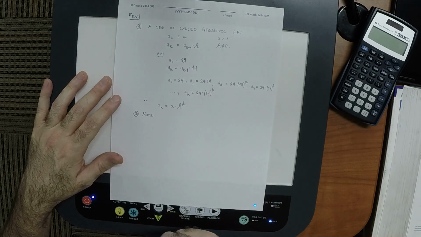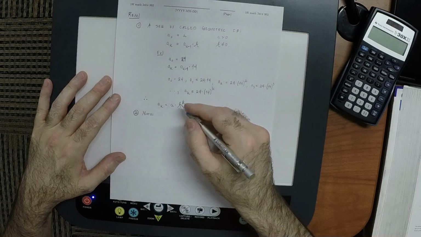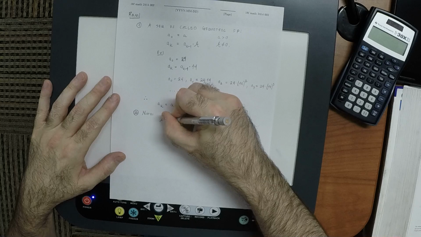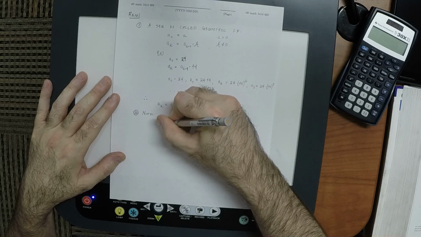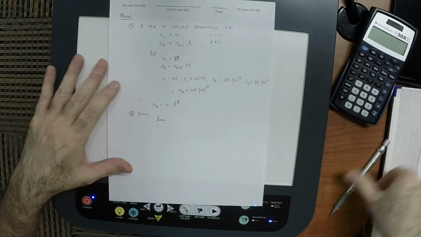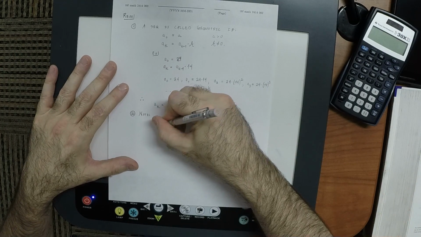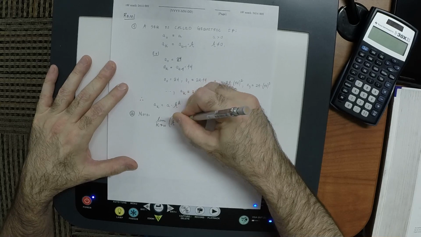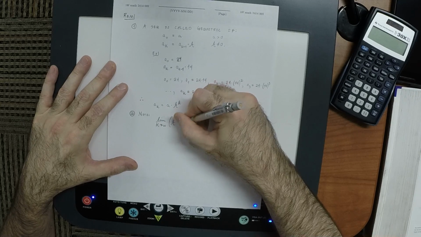Let's compute a limit. Let's just consider r to the k. So the limit as k goes to infinity of r to the exponent k.